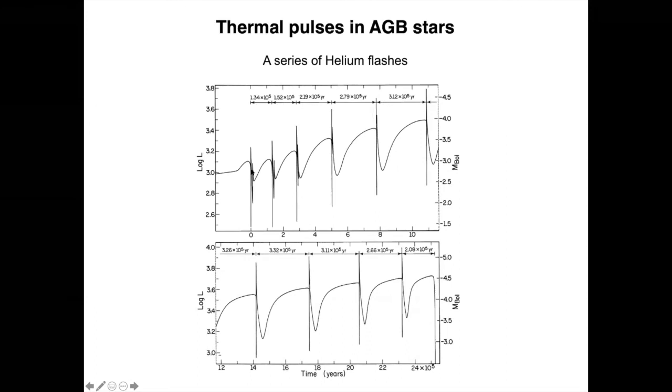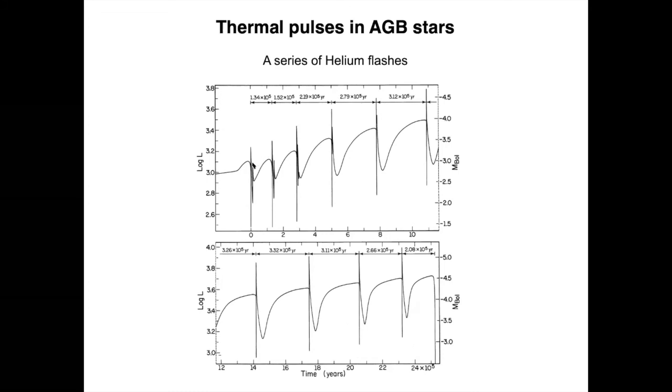Again, these pulses happen because you have hydrogen that is burning, and then it is depositing helium ash in the layer below, making it slightly degenerate as you increase the density. And then when the temperature at the base of the helium layer increases sufficiently, a helium flash occurs in the shell. The helium flash drives the hydrogen shell outwards, which cools the star and turns off the hydrogen burning for a while.